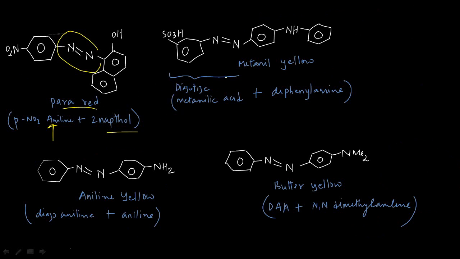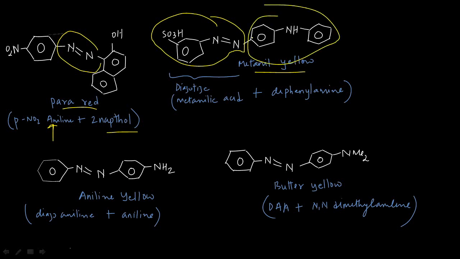The next compound that we have is metanil yellow. If you can guess, this is diazotized metanilic acid, and we have diphenylamine. From the structure itself you can guess what the starting materials are, because these are all coupling reactions. We have aniline yellow.